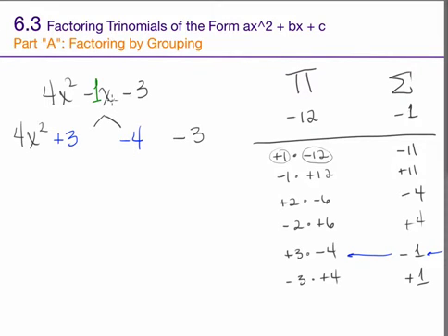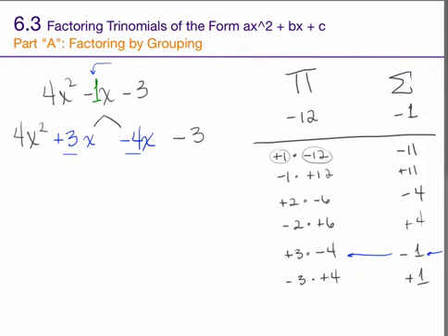But I'm rewriting negative 1x. So plus 3x minus 4x is my middle two terms. Just to reiterate, 4 times negative 3 is negative 12, and 3 times negative 4 is negative 12. But in addition to that, 3 plus negative 4 is negative 1.